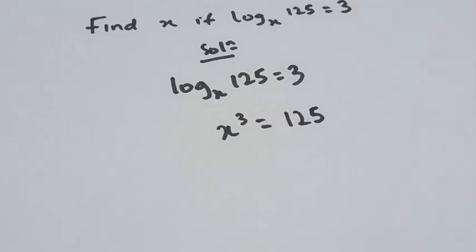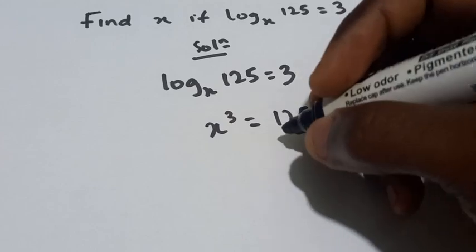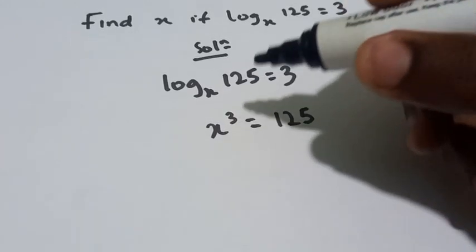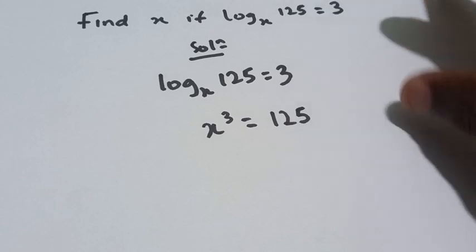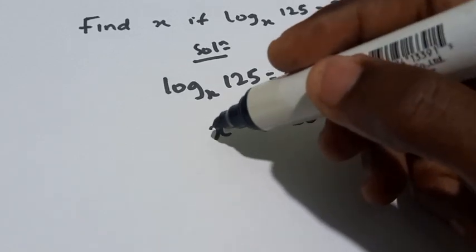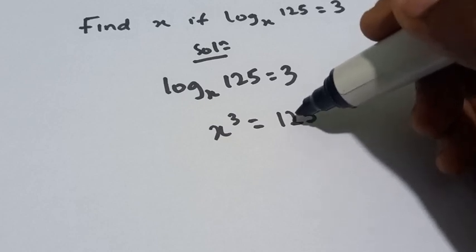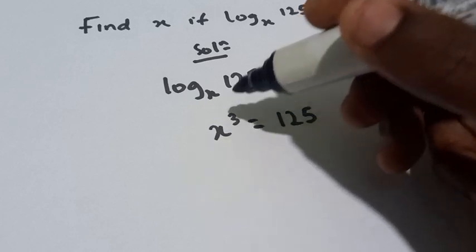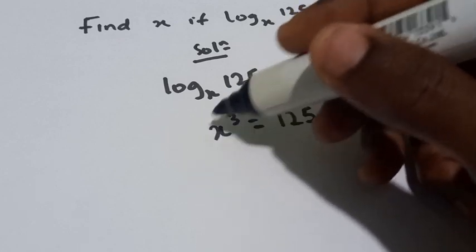And from indices, how can you solve this question? We pick our calculators, because in indices, either the bases are the same or the exponents are the same. But here, we know that x is the base and we don't know that of the 125. So let's look for an exponent that's equal to that of the left hand side.